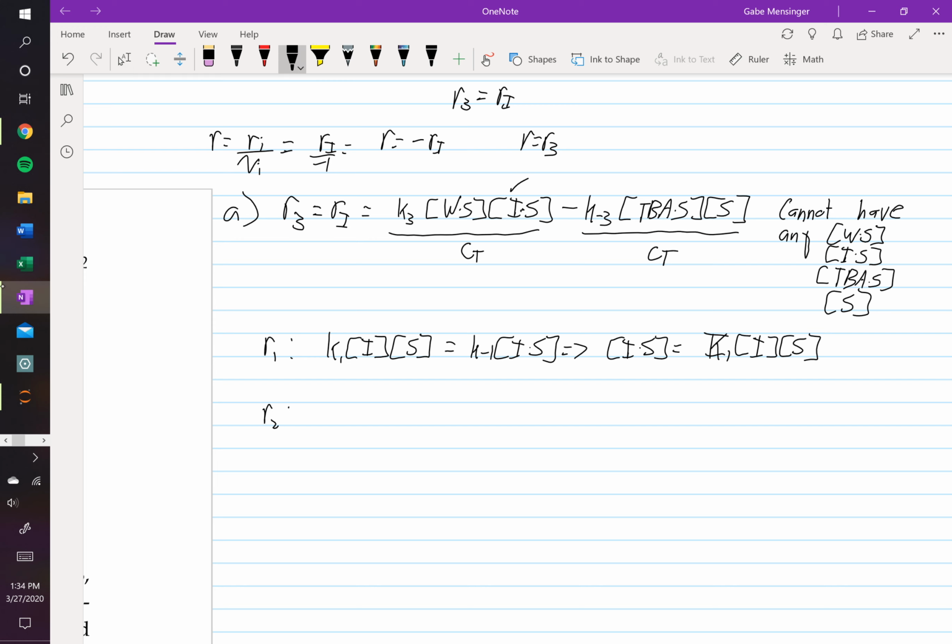We can do the same thing for step 2, where we say that K2 times W times S is equal to K minus 2 times WS.